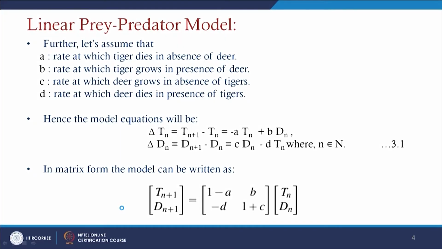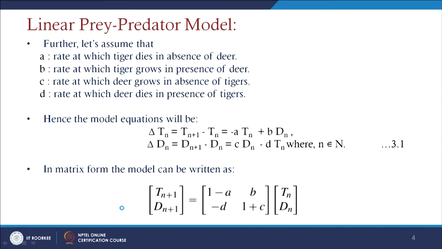Further, we assume that A is the rate at which tigers die in the absence of deer, and B is the rate at which tigers grow in the presence of deer. This means that whenever tigers and deer are both present, when the tigers eat the deer, the deer population will decrease and the tigers will give birth to other tigers, so the tiger population will grow. C is the rate at which deer grow in the absence of tigers.